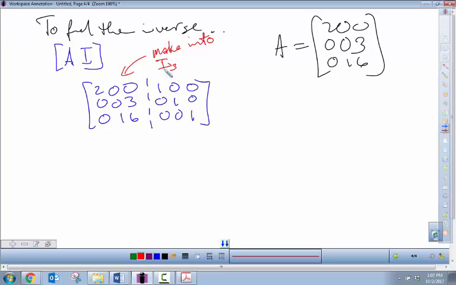By doing that, we're going to keep track of what happens to the identity matrix as we do those operations. All right? So let's do our steps over here.